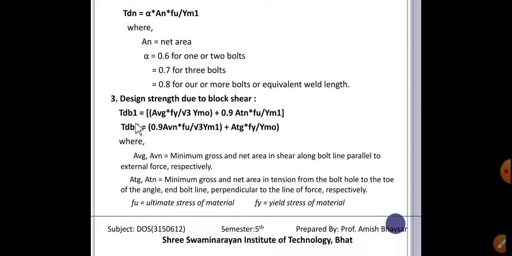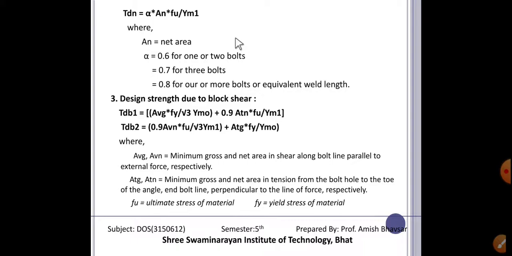Now the design strength due to block shear failure. It is the most important thing, block shear failure. Whenever the force on the member is eccentric, at that time some portion of the plate is broken. That broken portion is due to shear. That block is broken from the member.